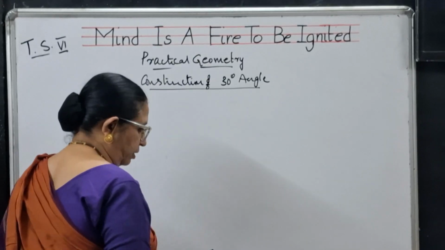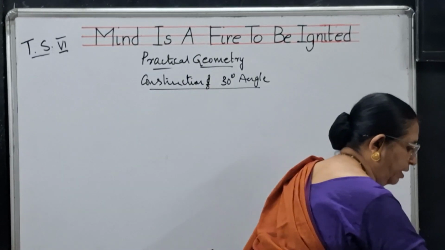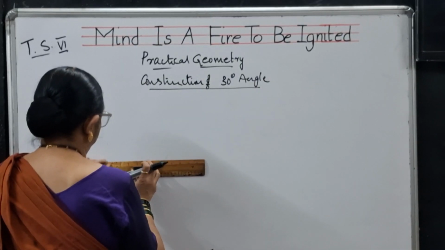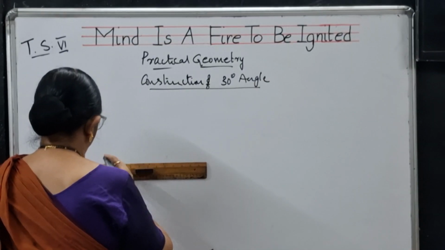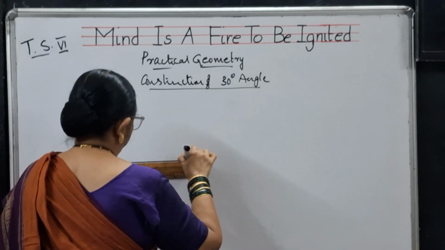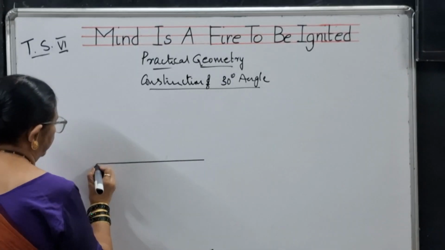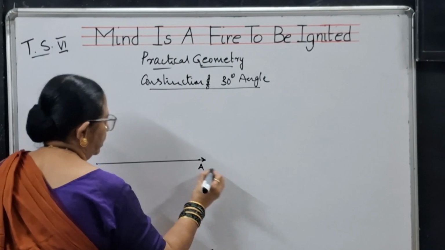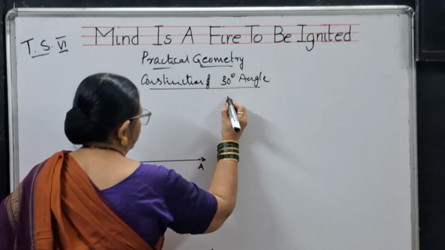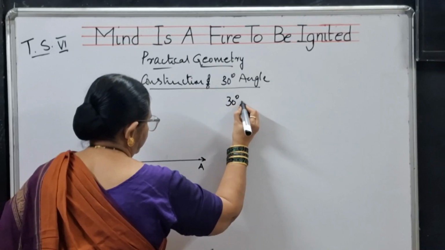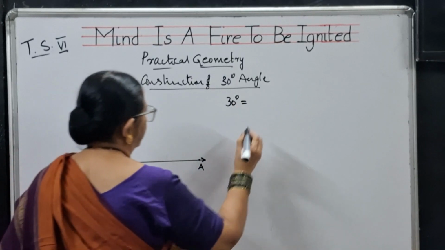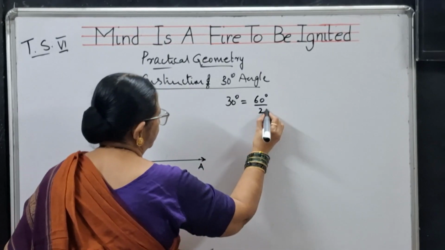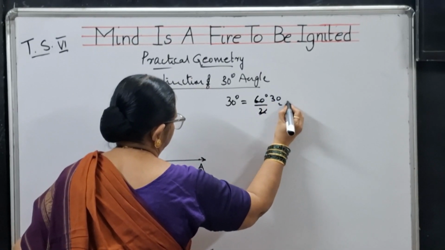First what you need to do, you have to draw a ray. Let me consider this as O and this as A, OA ray. Actually 30 degrees you will be getting when you take 60 degrees and divide by 2, that is 30 degrees.